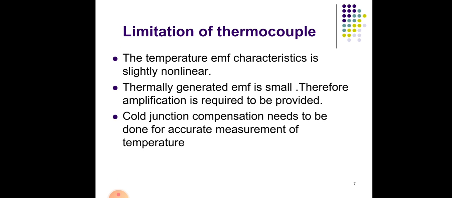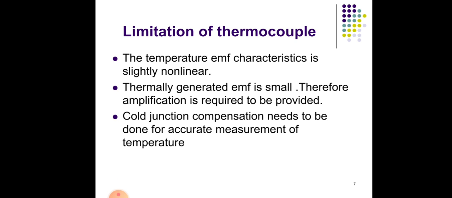Limitations of thermocouple. The temperature EMF characteristic is slightly non-linear. This is the first disadvantage. Second one, thermally generated EMF is small, therefore amplification is required. And third one, cold junction compensation needs to be done for accurate measurement of temperature.